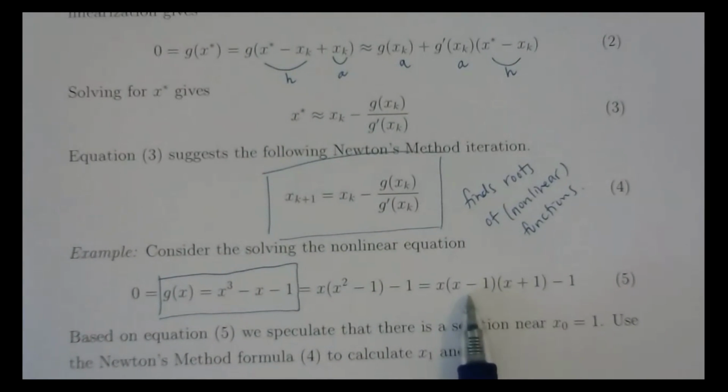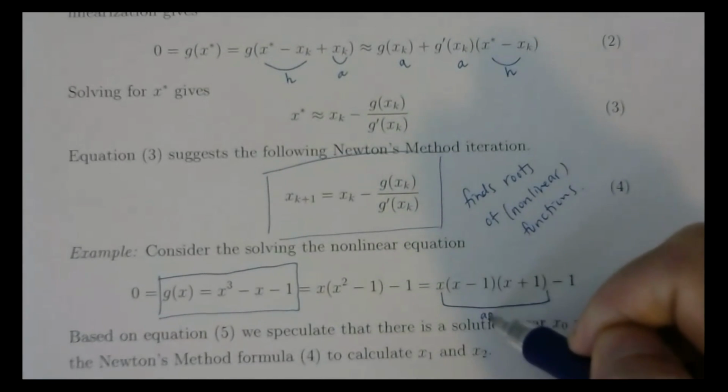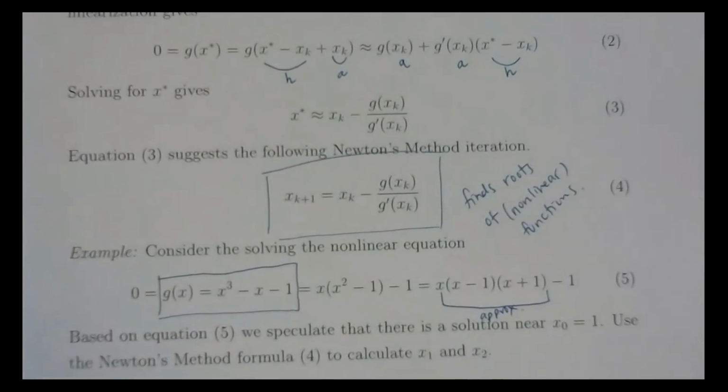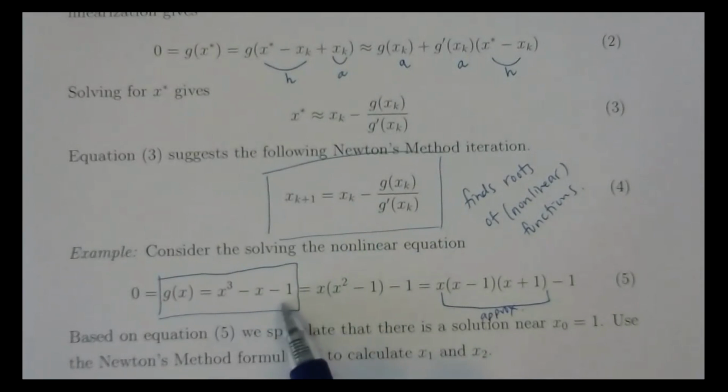So what we can do is use this factorization, forget about this for a second, and say that the roots of this polynomial have to be somewhat close to the roots of this polynomial. This is my approximation. And I can use the roots of this polynomial as initial conditions for a Newton's method iteration to find the 3 roots of this nonlinear equation here, of this cubic that's hard to solve in general.